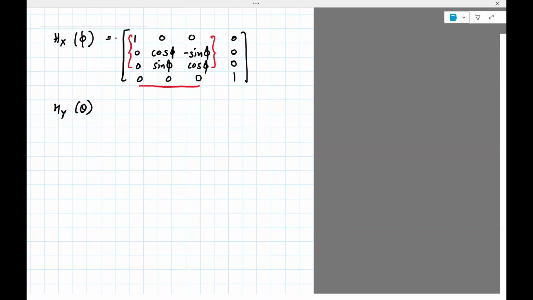by an angle theta. We'll always use phi for x, theta for y, and psi for z. So this would be cosine theta, 0, sine theta, 0, 1, 0, minus sine theta, 0, cosine theta, 0, 0, 0, 1.